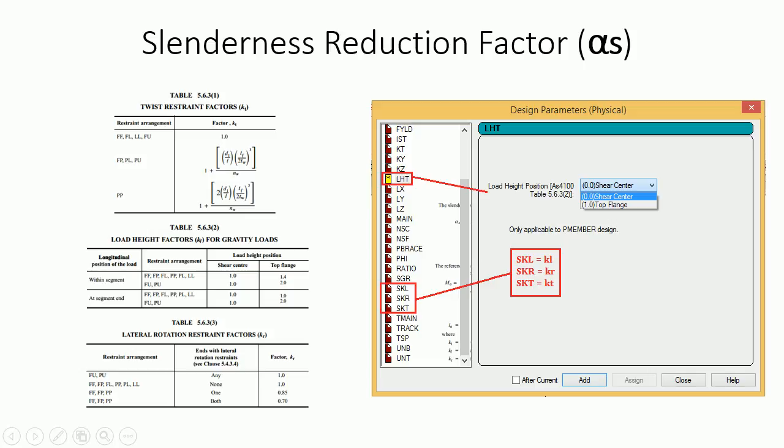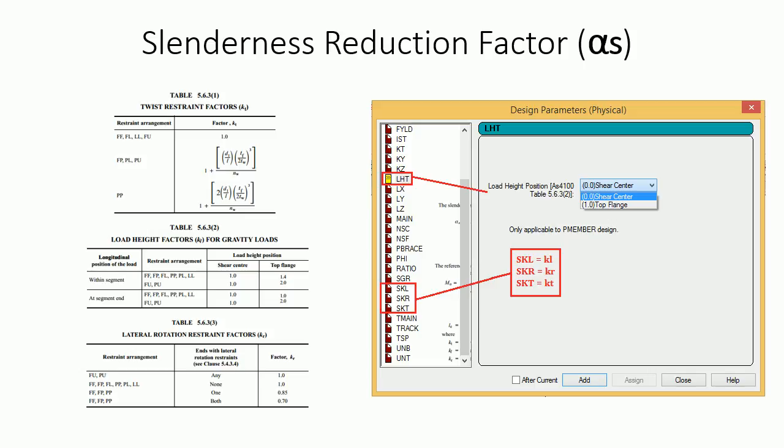The first one is SKL, which corresponds to the load height factor, that is KL. Next one is SKR, which corresponds to the lateral rotation restraint factor, that is KR. And next one is SKT, which corresponds to the twist restraint factor, that is KT. So one can define those parameters to replace or to disable the automated determination of these factors by Staad.pro.